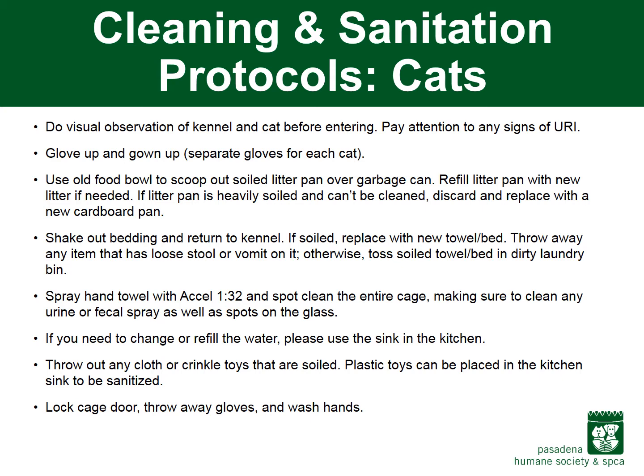If you need to change or refill the water, please use a sink in the kitchen, and throw out any cloth or crinkled toys that are soiled. We can actually sanitize the plastic toys, so those can be saved and placed in the kitchen sink to be sanitized. Lock the cage door, throw away your gloves, and wash your hands.